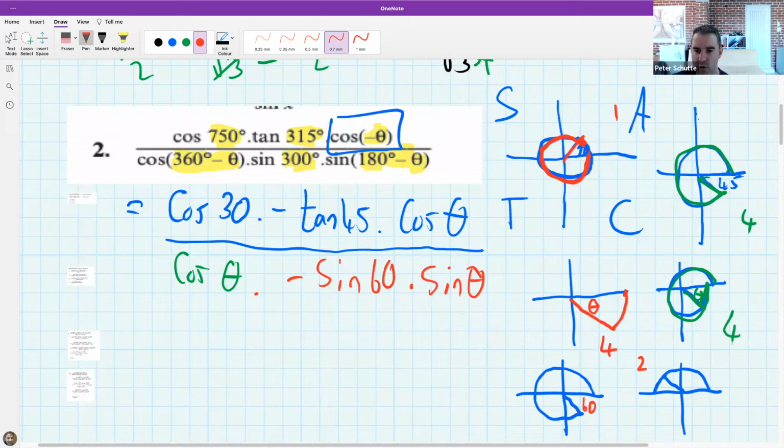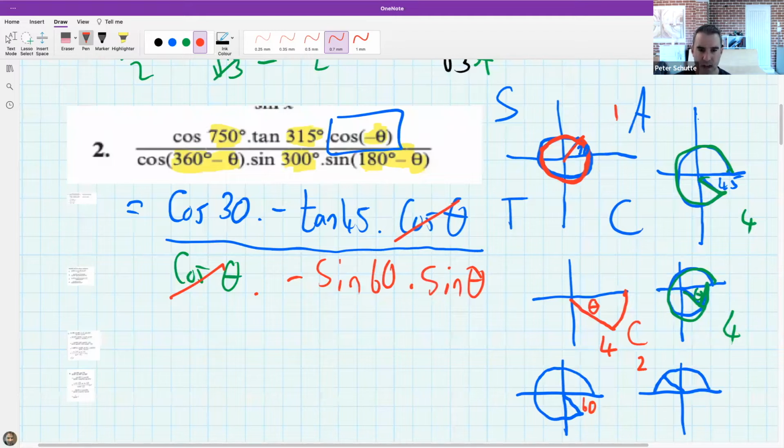And do you agree that we're in quadrant 4 if we go in that direction? Yes, sir. Okay. Now in that quadrant, isn't cos positive? Yes, sir. Okay, so you're with me on that. So that's when we use the reduction formula to get cos of theta. Oh, okay. Thank you, sir. Pleasure.